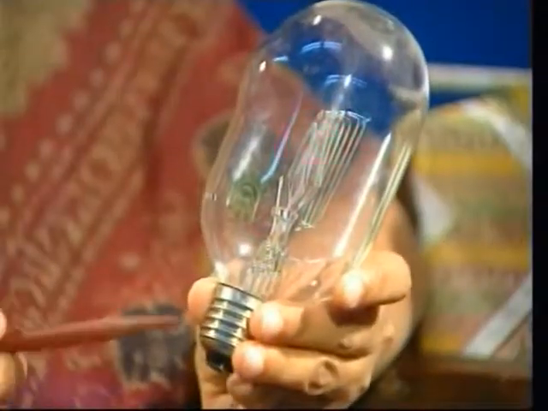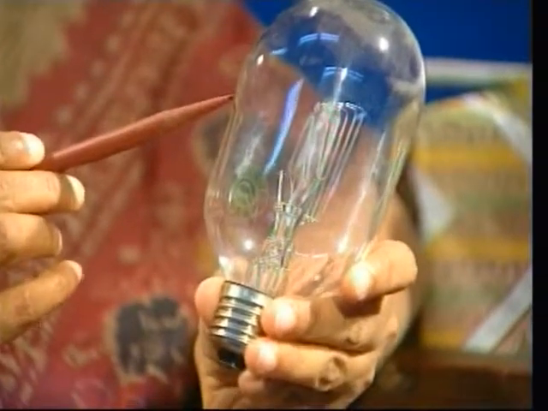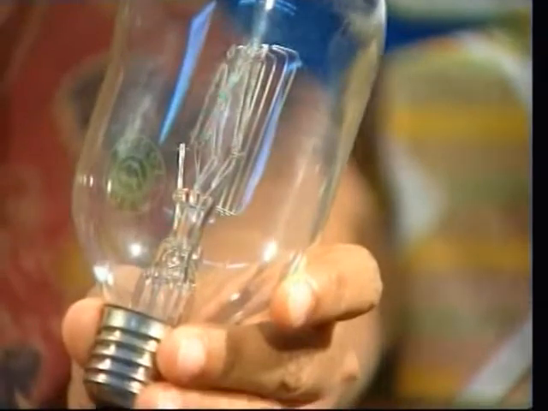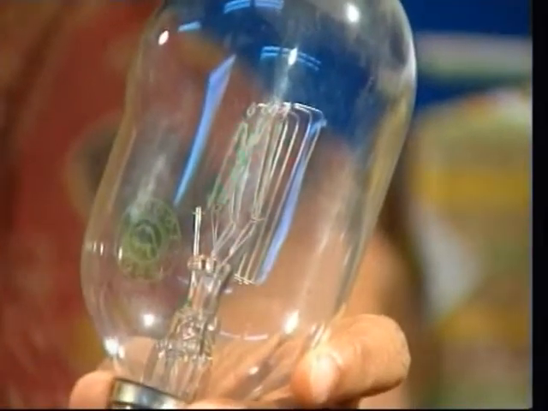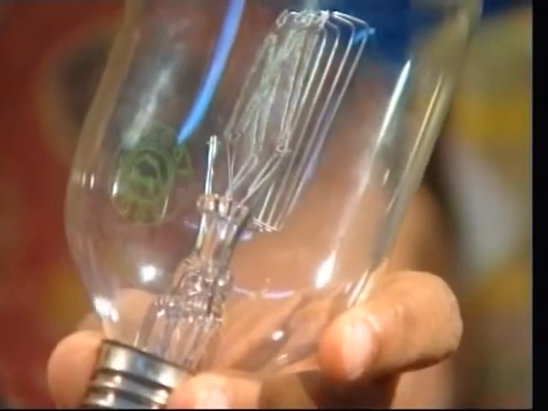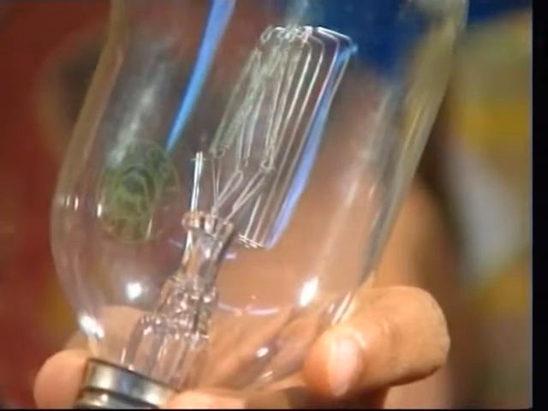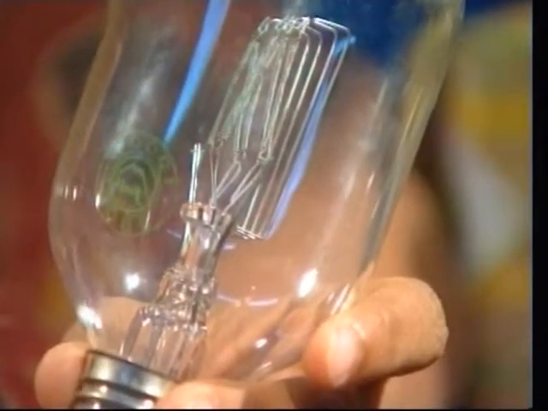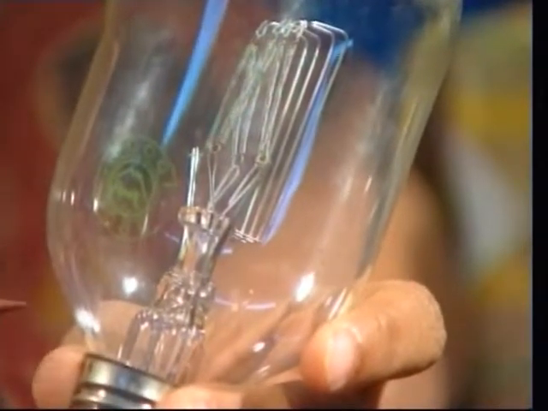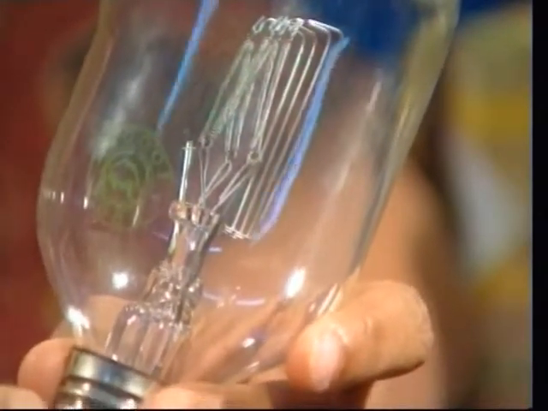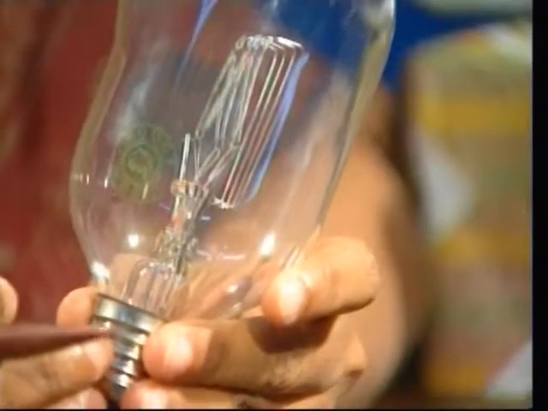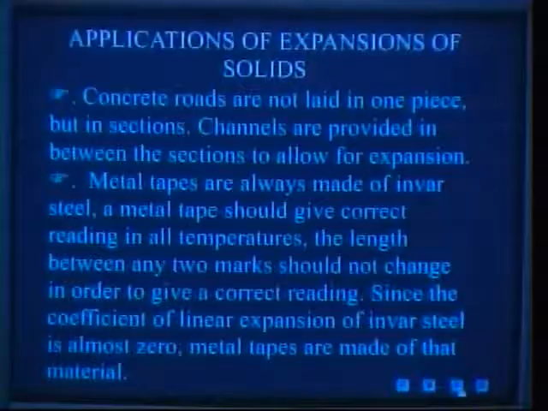In this electric bulb, platinum wire is fused into the glass bulb. These two materials have the same coefficient of linear expansion. When electricity is given to the bulb, heat is produced and there is similar expansion for both materials and the bulb will not break. Otherwise, because of uneven expansion, the glass may break.